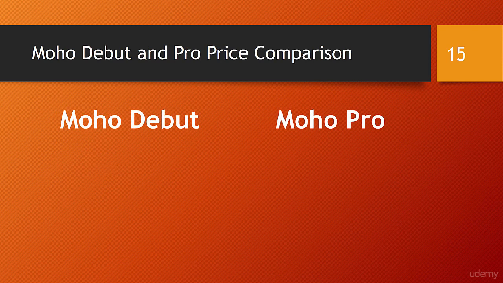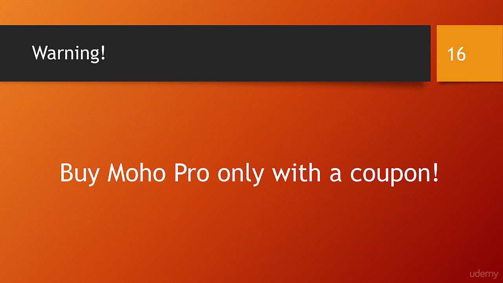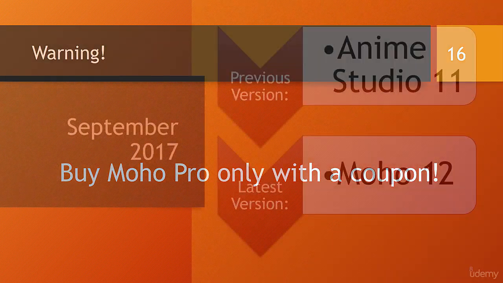Next, I want to look at the price comparison. Moho Debut is fairly inexpensive at about $70, but hold on to your britches, because Moho Pro can cost upwards of $400. The rule here is buy Moho Pro only with a coupon, and another option is to buy Debut and upgrade. That's a little bit more expensive, but I bet you're going to get tempted into Pro eventually, because Moho is one cool product.